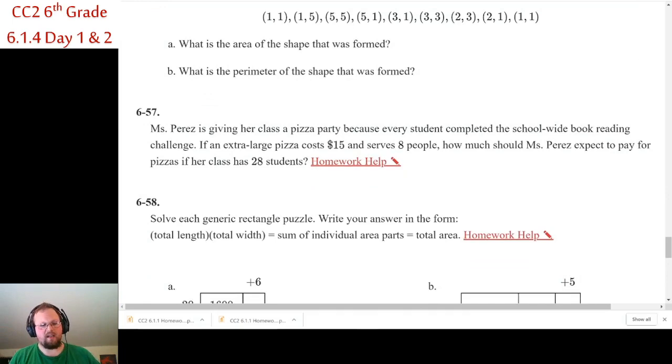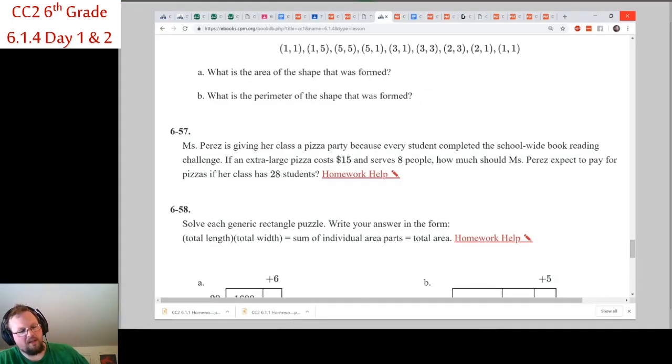6-57 is an introduction to proportions, or talking a little bit about proportions. Extra large pizza costs $15 and serves 8 people. How many dollars, which is an X dollars, should she expect to pay if she has 28 people? Now, this is the same process that I went over in that recent science video.